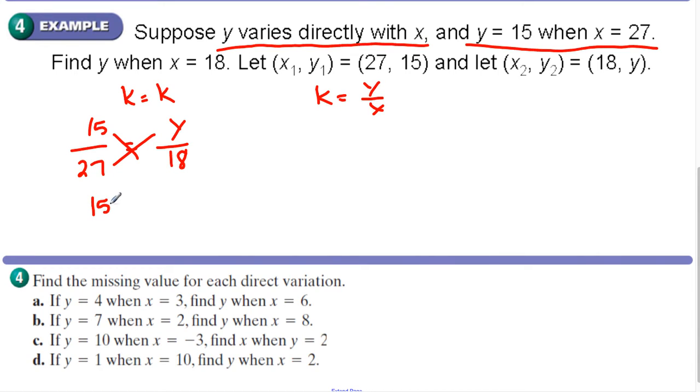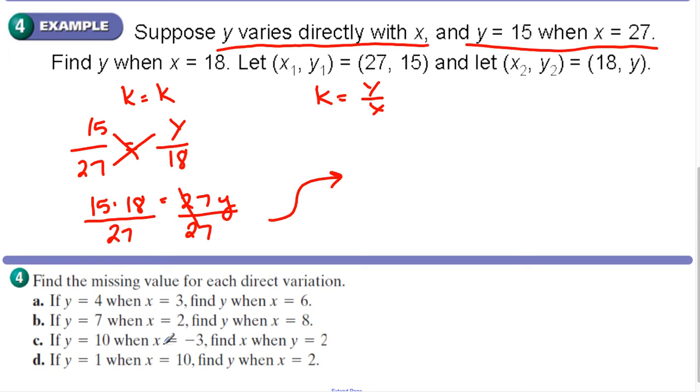We have 15 times 18 equals 27y. Divide both sides by 27. Because those 27s cancel out, and then you're going to have, oh, I think my brain is not wanting to work.